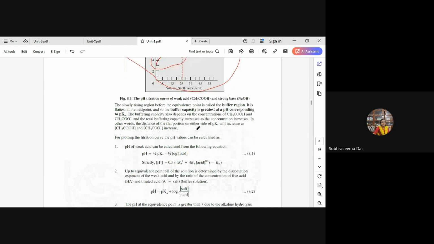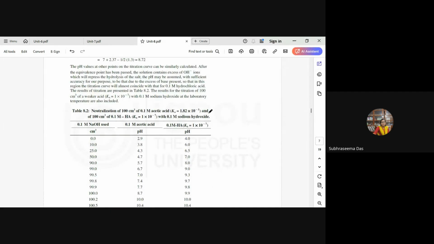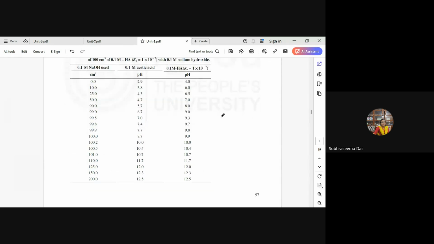So from plotting the titration curve, the pH can be calculated using this formula, the Henderson-Hasselbalch equation. And in table 2, you can find the neutralization of 100 ml of 0.1 molar acetic acid and 100 ml of 0.1 molar HCl with sodium hydroxide.